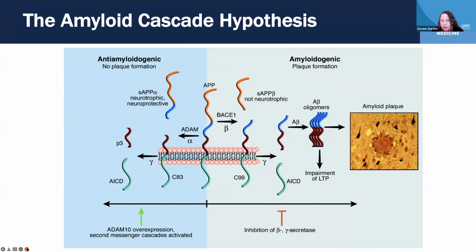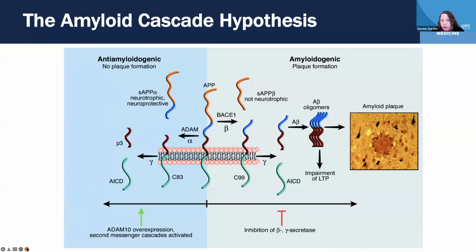The gamma secretase complex is made up of a number of different proteins. The active proteolytic enzyme in that complex is either presenilin 1 or presenilin 2. And as you probably all remember, the main variants in genes that cause autosomal dominant Alzheimer's disease are in APP, the amyloid precursor protein, presenilin 1, and presenilin 2.